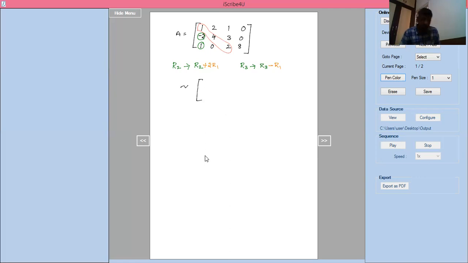In the R1 row, I'm not doing anything. I'll write it as it is: 1, 2, 1, 0. Next, in the R2 row, R2 plus 2R1.